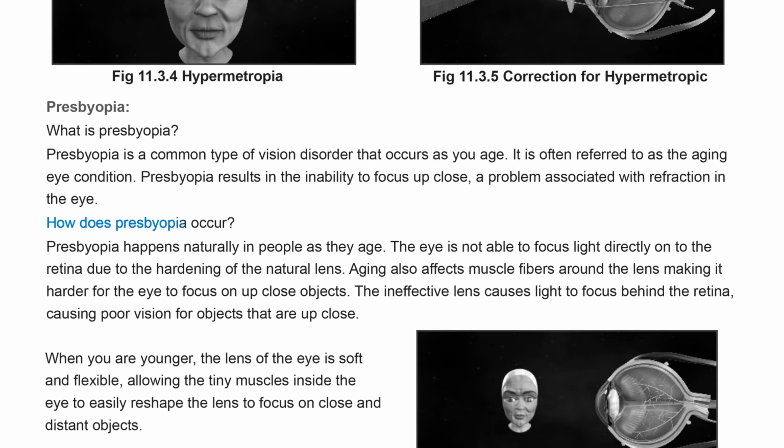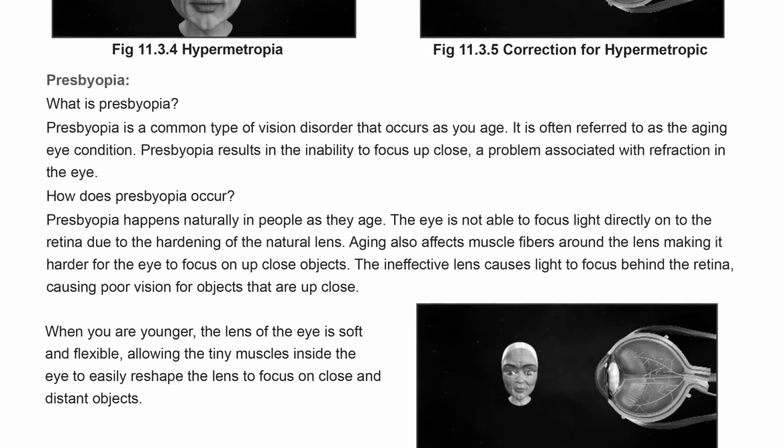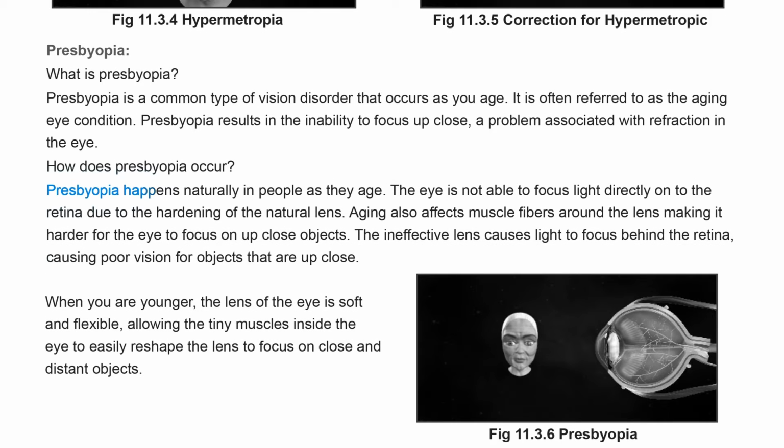How does presbyopia occur? Presbyopia happens naturally in people as they age. The eye is not able to focus light directly onto the retina due to the hardening of the natural lens. Aging also affects muscle fibers around the lens, making it harder for the eye to focus on up-close objects.